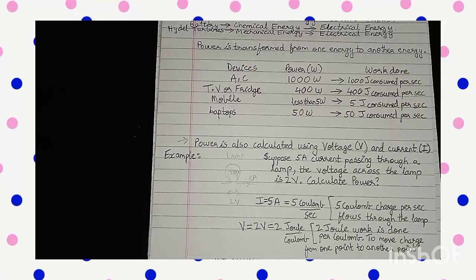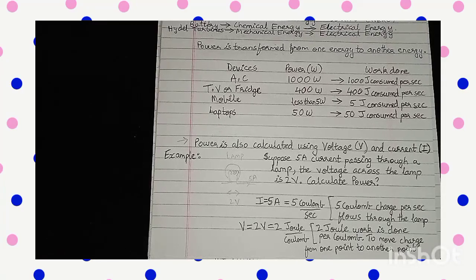Voltage is denoted by capital V and current is denoted by capital I. Suppose a current of 5 ampere is passing through a lamp. The voltage across the lamp is 2 volts. Calculate the power.